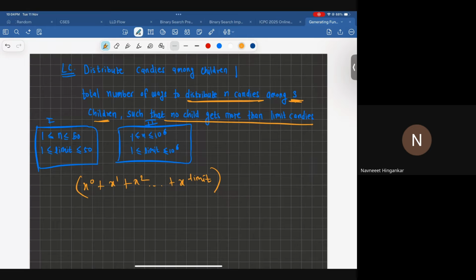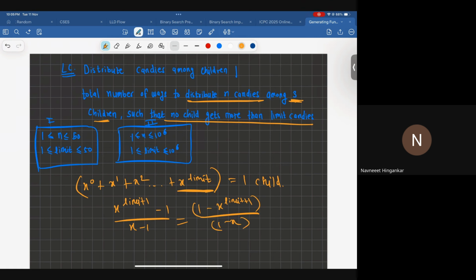Now this is for one child. We need this for three children, that's an AND condition, so we will multiply these three polynomials. First we write this as a formula, which is (x to the power limit plus 1 minus 1) upon (x minus 1), or better, I prefer to write it this way: (1 minus x to the power limit plus 1) upon (1 minus x).